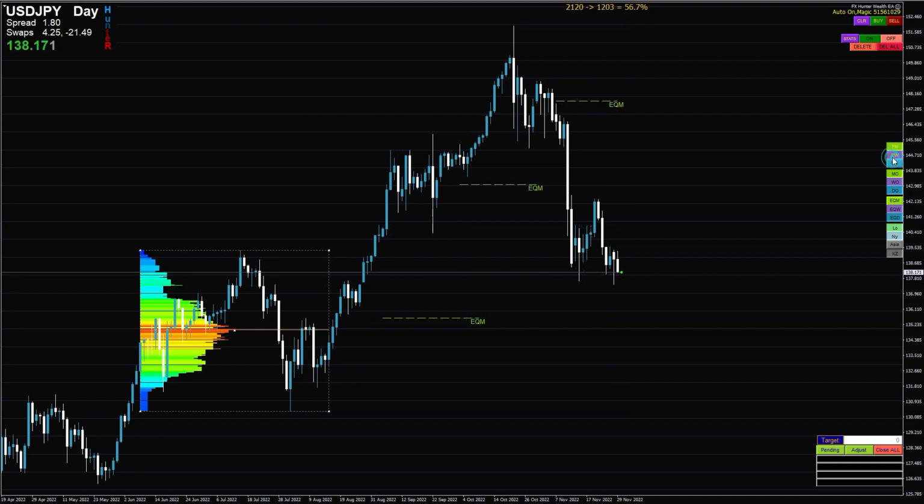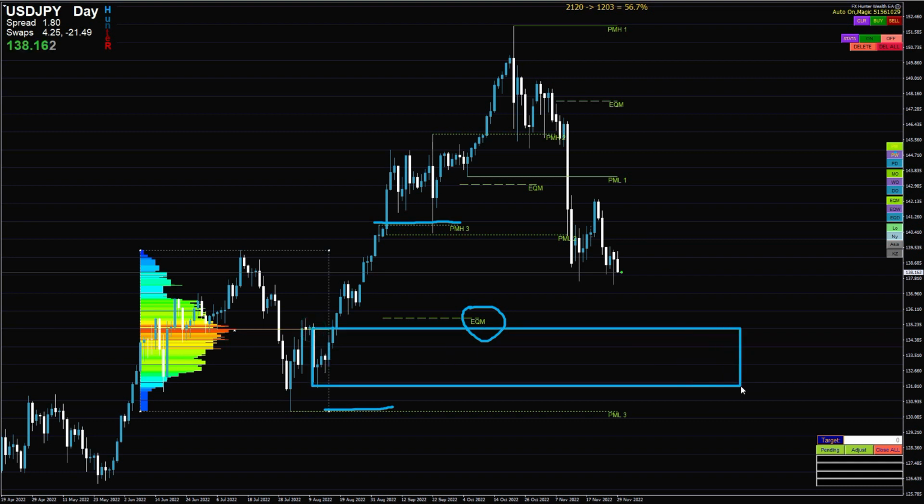We can see, let me clean it like this, and then in my opinion, this equilibrium, which is 50% of this previous month here, is as well confluence with this POC, and as well we have in here the order block. So in my opinion, this is where we are going right now.